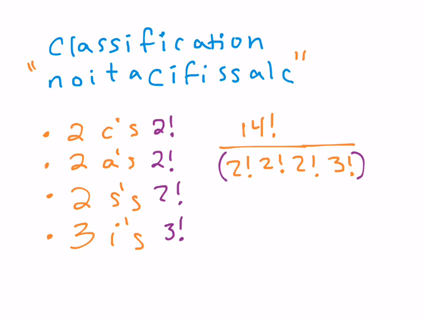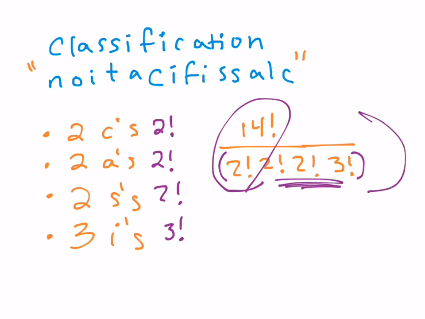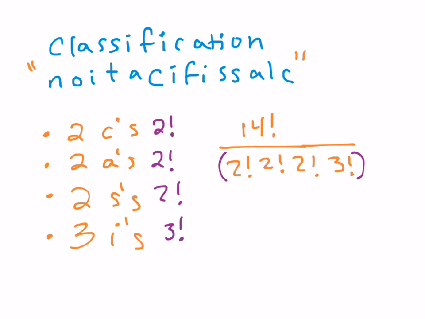If you don't put that there, then the calculator thinks you're just doing 14 factorial divided by 2 factorial, and then it thinks that everything else is multiplied in the numerator. If you put parentheses around the denominator, it will interpret this correctly. So try that out, and you should get the answer.